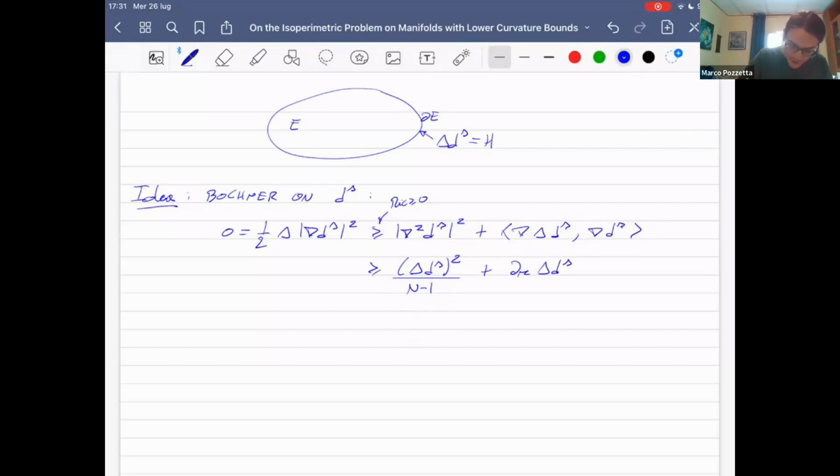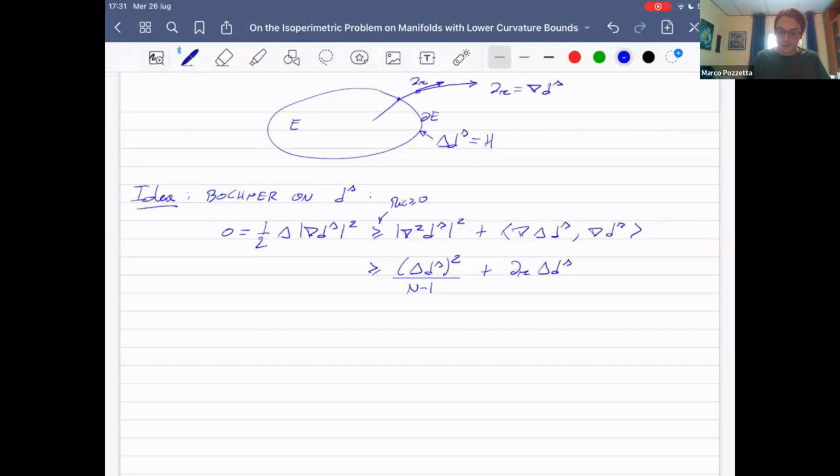So in the picture above, here is a point from the boundary. Imagine you have a geodesic realizing the distance from the boundary. So dr is exactly the tangent vector. If you want, dr is exactly the gradient of the S. So I'm taking that kind of derivative.